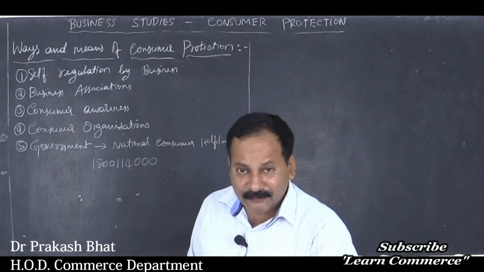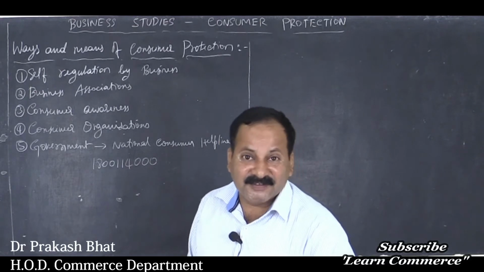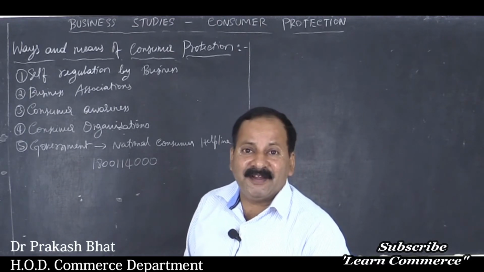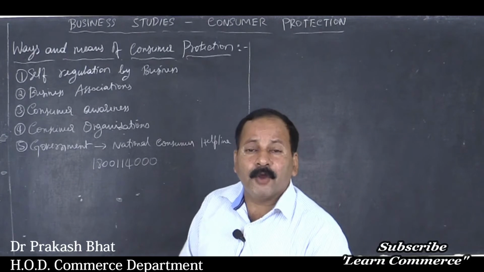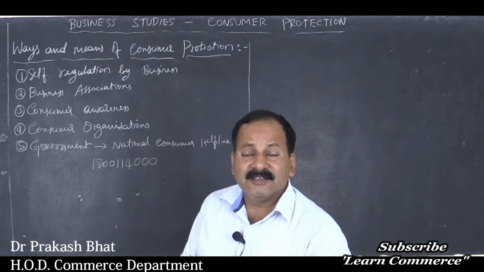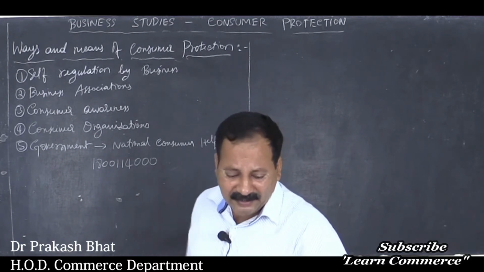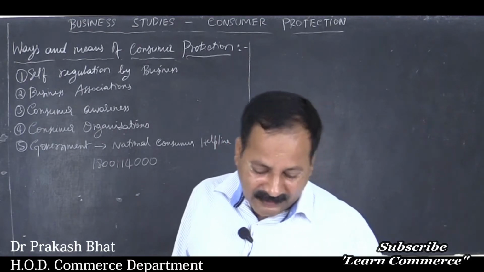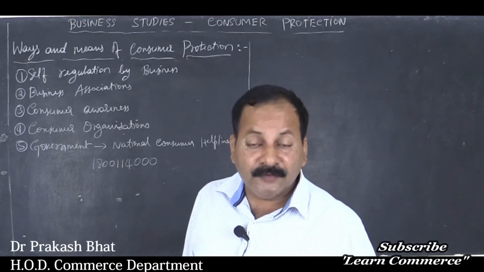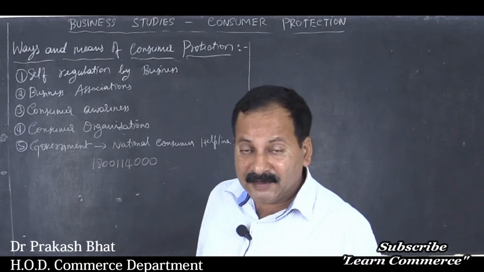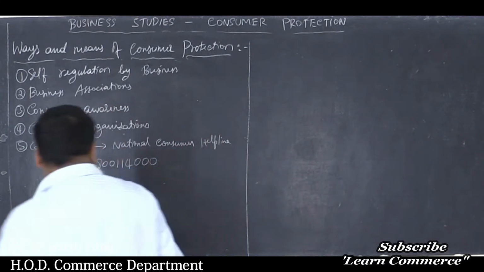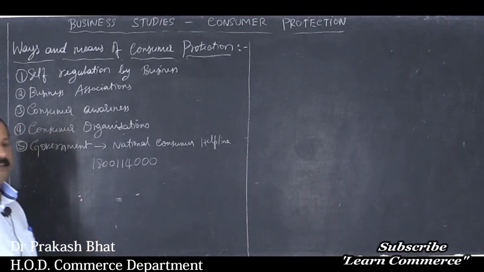Either it will be switched off or the number does not exist, isn't it? Or someone may attend and you may not get proper redressal. But still there is a number and it remains open from 9:30 a.m. to 5:30 p.m. That is the national consumer helpline.